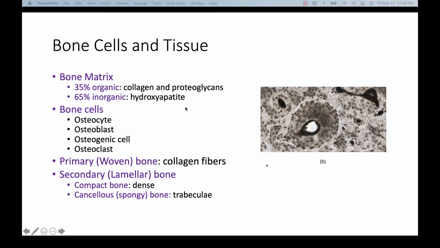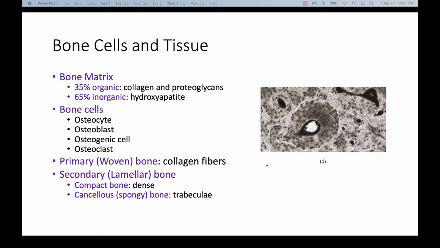And so the primary mineral salt in this matrix is calcium phosphate, and without it, the bones would be too flexible. We see this in the disease rickets, where a child's legs bow outward due to the lack of calcium. The collagen and proteoglycans in bone help it become more flexible and withstand more force without breaking, as well as make sure that there's water in the bone tissue.